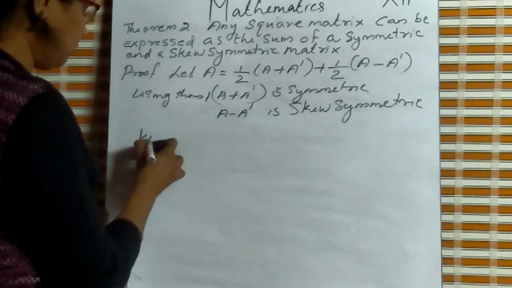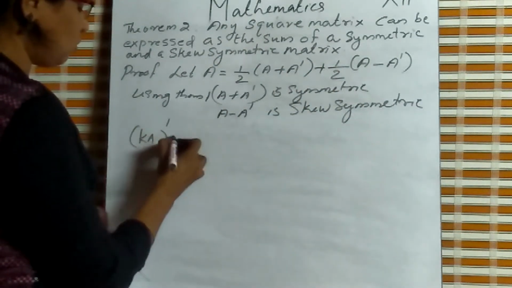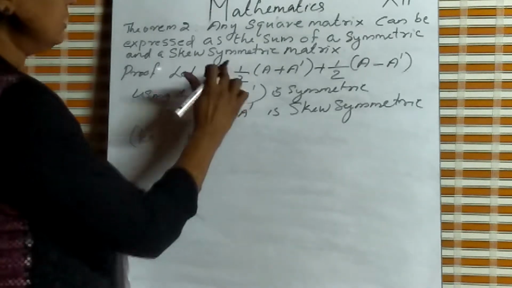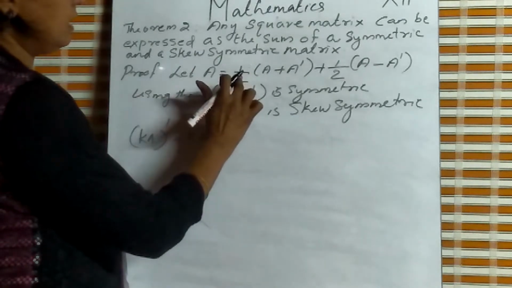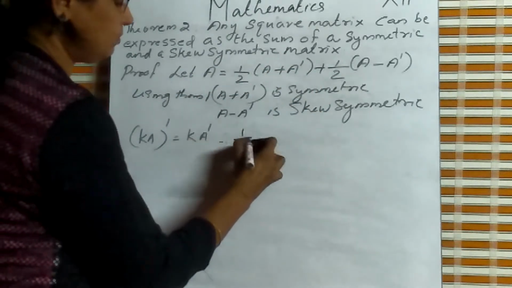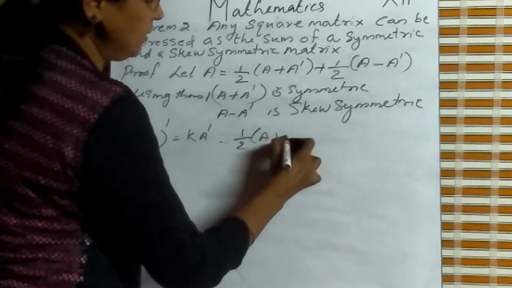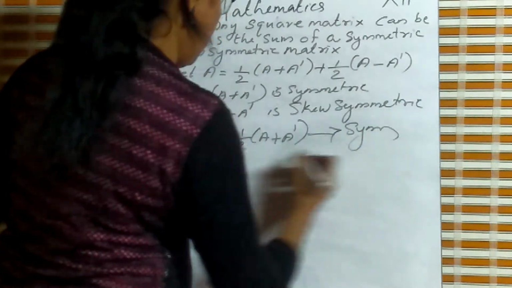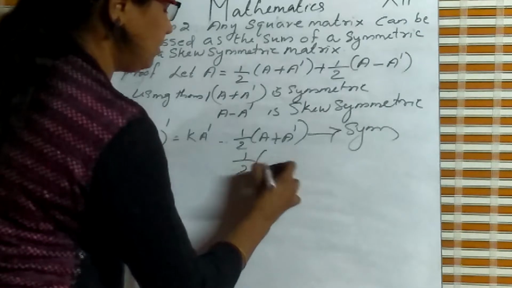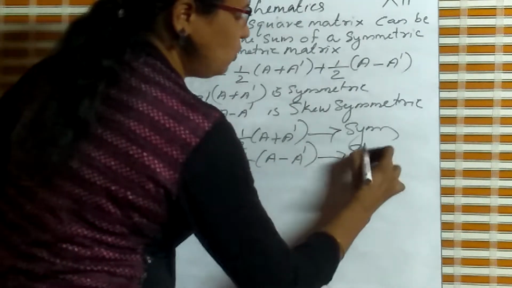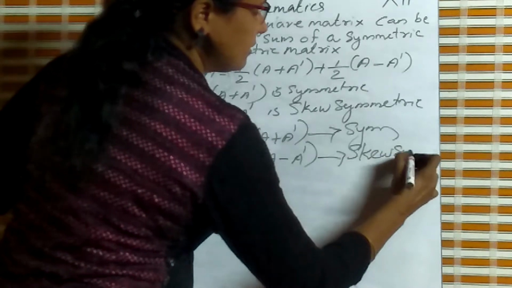For that we know that (kA) whole transpose is equal to k times A transpose. Therefore, half of (A plus A transpose) is symmetric and half of (A minus A transpose) is skew symmetric.